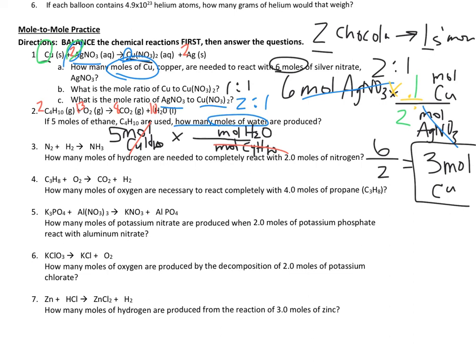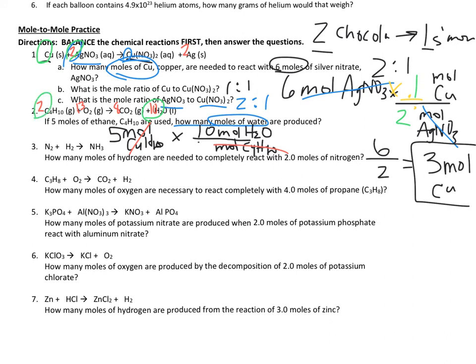Okay. Now, once we put our units down, we're going to put the numbers from our coefficients. So we have to look and see what is the coefficient for water. In this case, our coefficient for water is 10. So 10 goes there on top. And then what is our coefficient for C4H10? Well, that's 2.